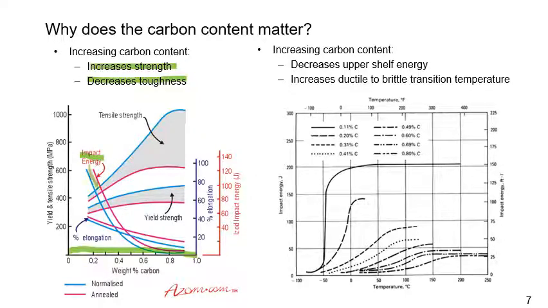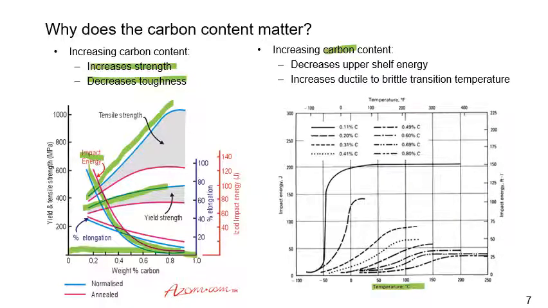If we look at this chart from azom.com, as you increase carbon content, you take a hit on impact energy fairly significantly as you increase the strength in terms of tensile strength and yield strength. Now, let's look closer at that impact energy, because that doesn't just depend on carbon content, that also depends on temperature.